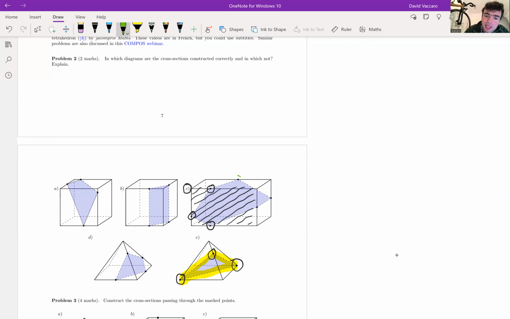And that means that these 2 points at the back are just wrong. They're in the wrong place. D is similar. We've got 3 points on this face of the triangle, and so again we can't have a point which lies off it.